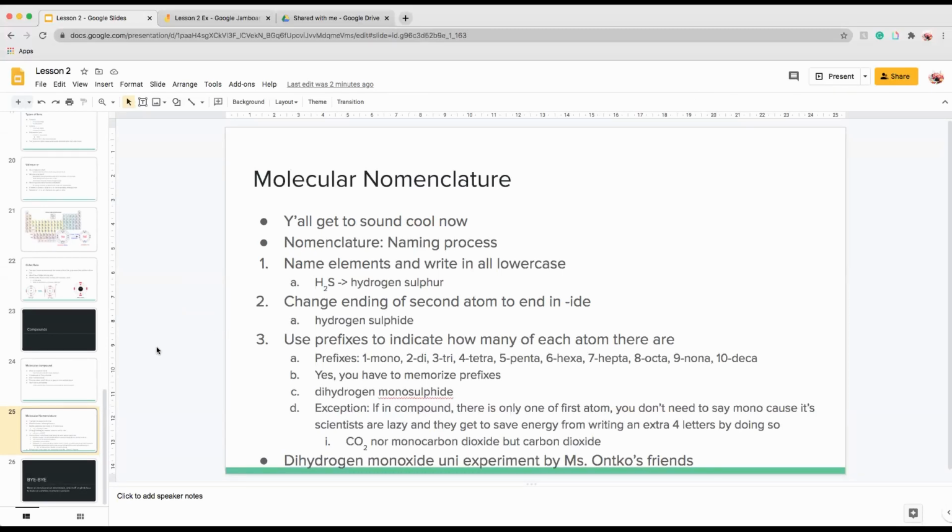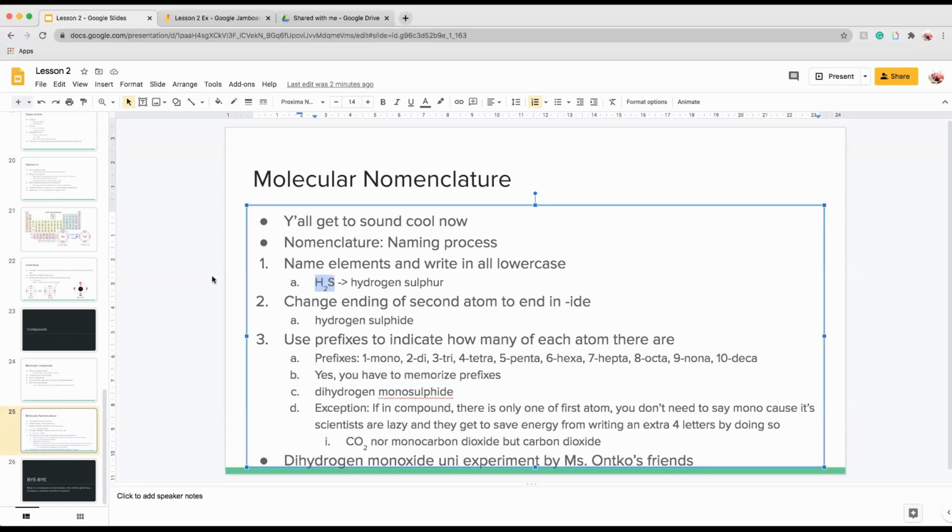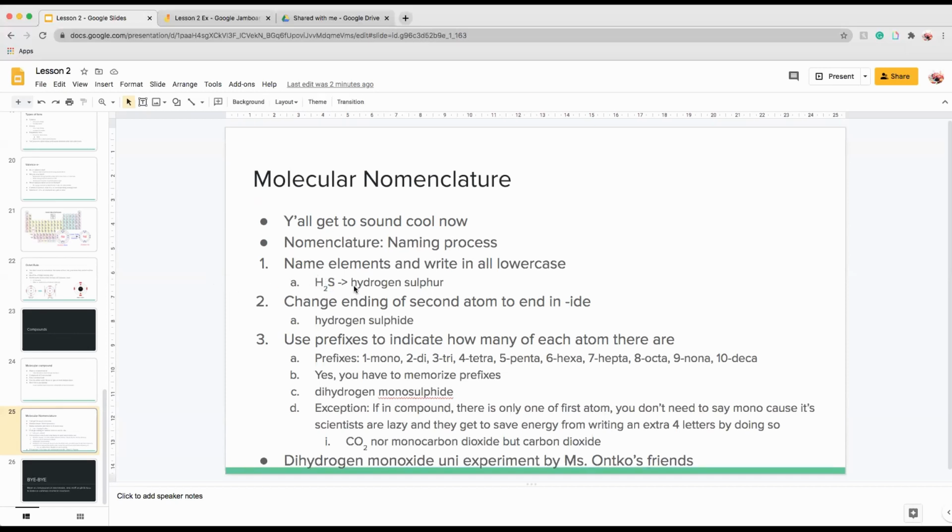A molecule is two or more atoms bonded together, right? Here we have an example of a molecule, which you can write as H2S, a hydrogen and sulfur molecule. What is the official name for this molecule?